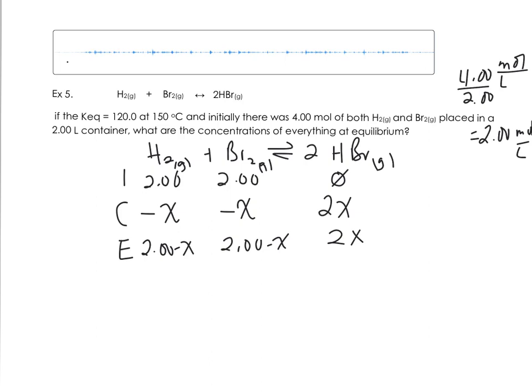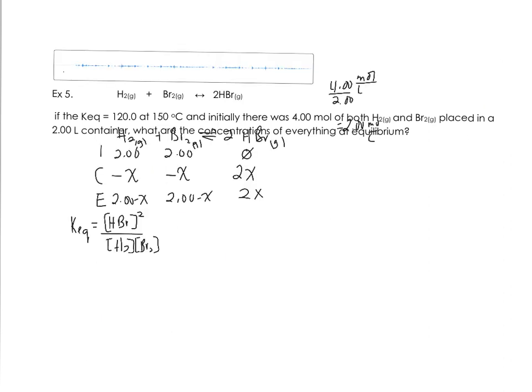We're given the KEQ, we're not given a concentration, so this is the other way to solve it. So KEQ, and always write this part out. Don't skip and start plugging in numbers. Write out your K expression properly, and then substitute your values. Okay, so I just made that smaller so we can see. All right, so now we're going to substitute in.